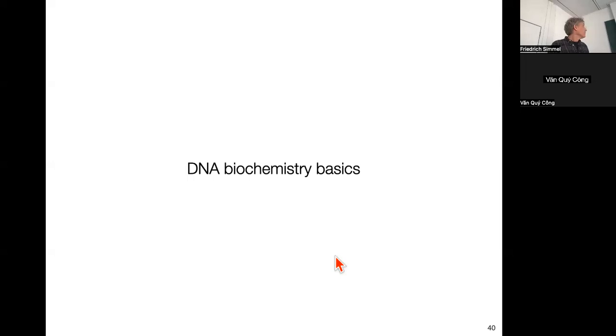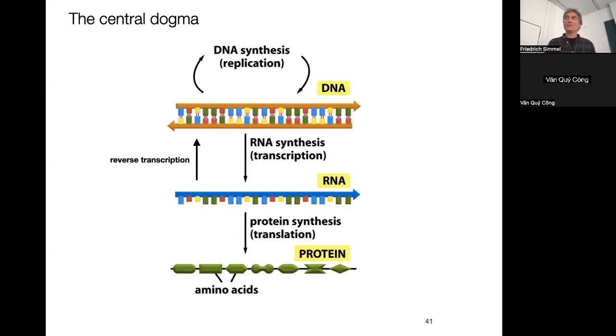So first of all, of course, DNA, and the lecture is entitled Physics of Genes. In a sense, this means that we are mainly dealing with DNA, but also with the genetic processes that actually lead to the expression of genes, which means that essentially we talk about the steps involved in the central dogma, which, as probably everybody knows, involves DNA being transcribed into RNA, and RNA then translated into proteins.